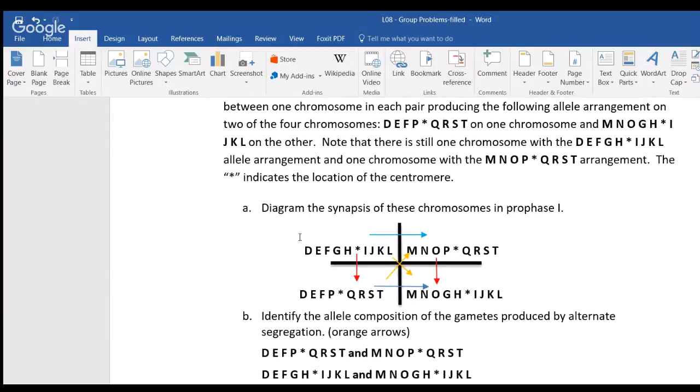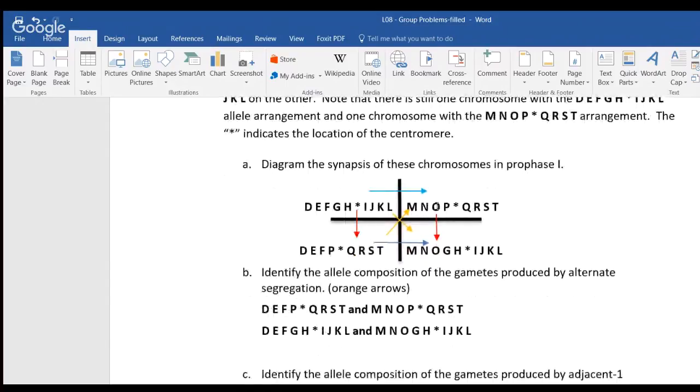Then we put below them the genotype that is associated with each parent. So we'll put the D's on the left and the M's on the right. Then, to make it easier on ourselves, we're going to put arrows that show the different kinds of crosses. That'll help us with the following problems.